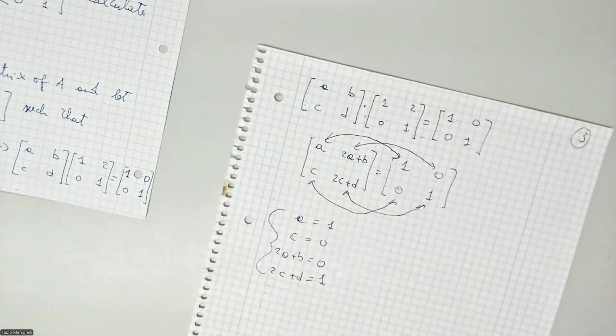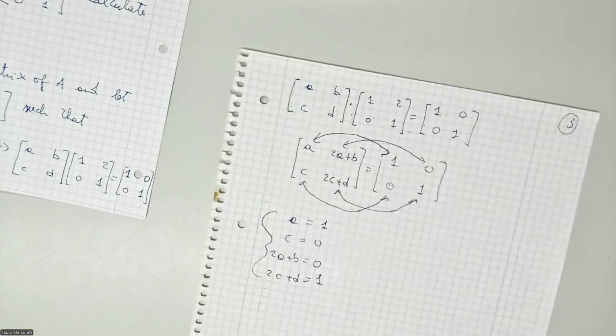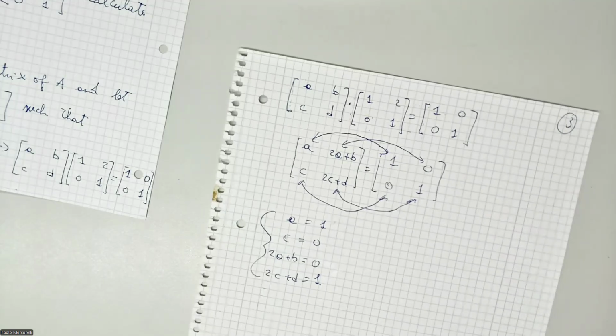Everything together, because the two tables must be equal. Everything must be satisfied together.